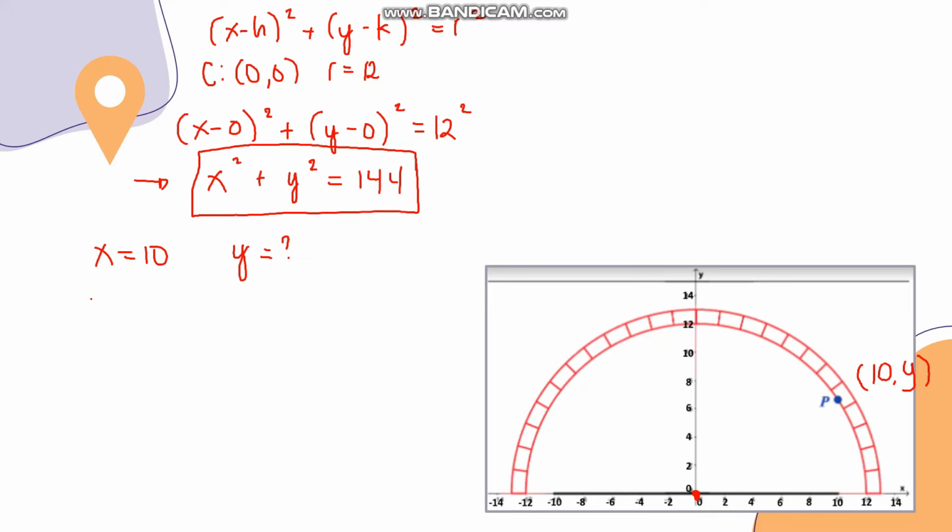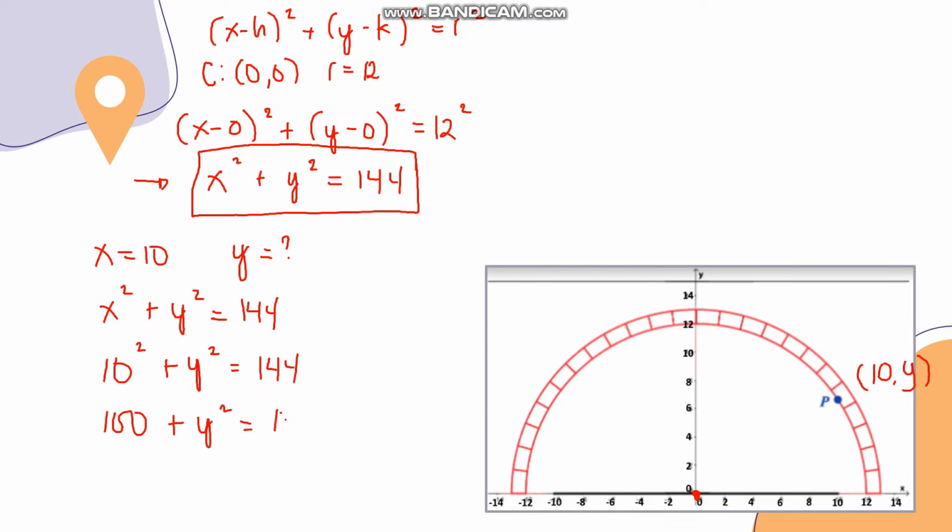Again, it's x^2 + y^2 = 144. Then we have 10^2 + y^2 = 144. This is 100 + y^2 = 144.